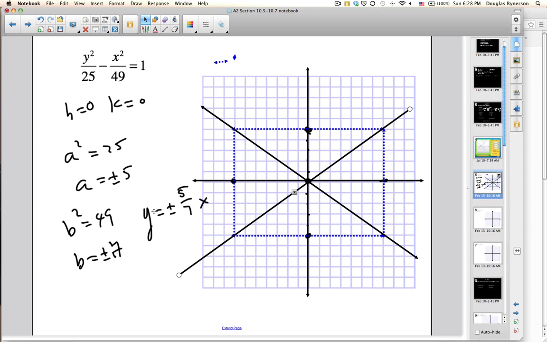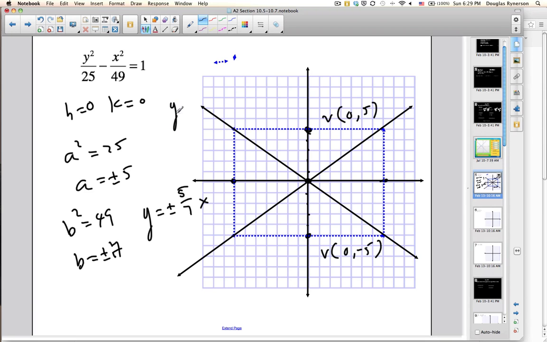Again, it's pretty easy to write this equation here when we're centered at 0, 0, but it becomes quite a bit more complicated when we're centered not at 0, 0. Okay, so to go back here, these are my vertices. Here's 0, 5, and another vertex at 0, negative 5.